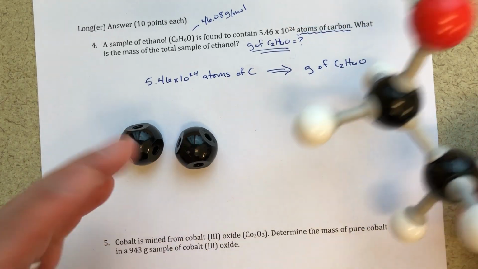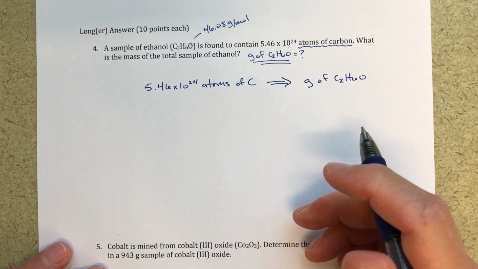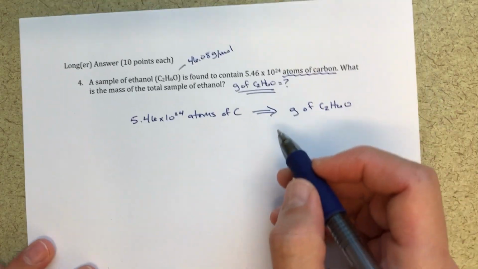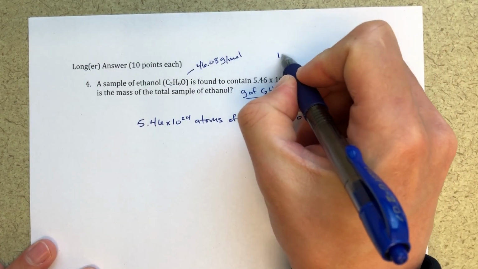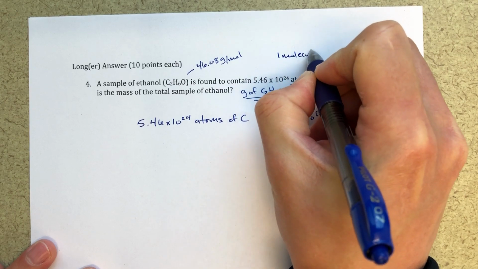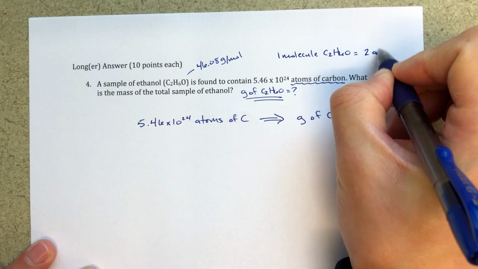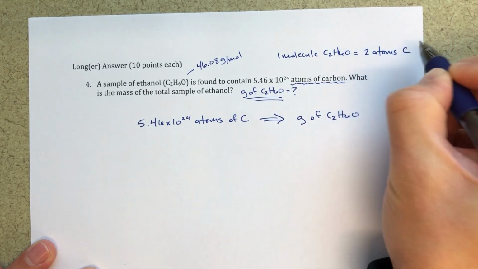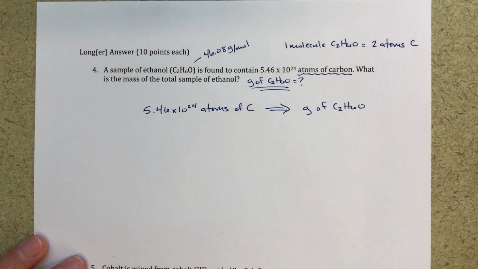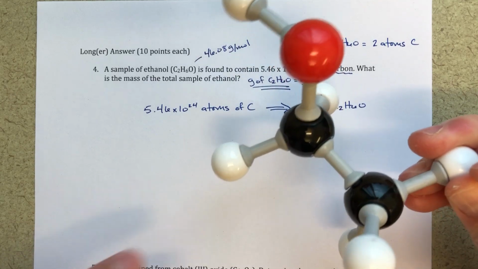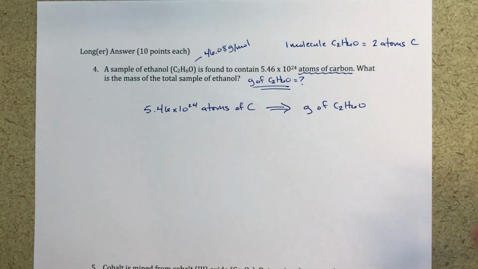So we could actually create a conversion factor here where we say, maybe we'll just write it up over here, 1 molecule of C2H6O equals 2 atoms of carbon. So for every one molecule, I've got 2 carbon atoms.